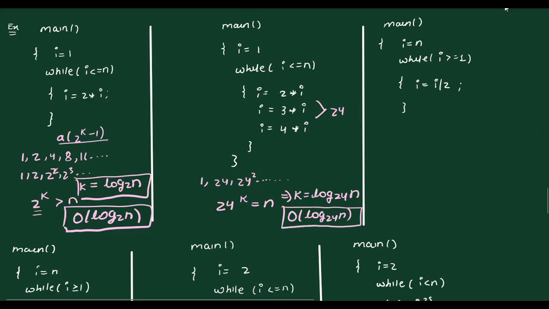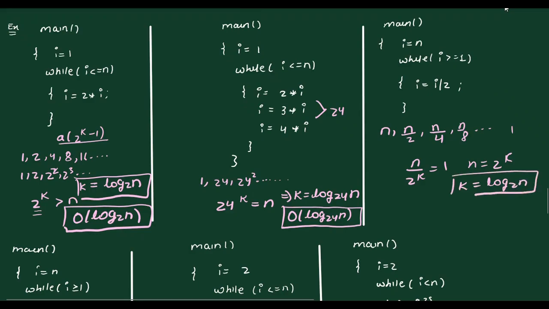Similarly, if you see the third question, i starts from n, and each time the value of i is reduced by a factor of 2, right? And it will run until your value becomes equal to 1. So this becomes n by 2 power k equals 1, or n equals 2 power k, or k becomes log base 2 of n. So let's analyze it in a general case.